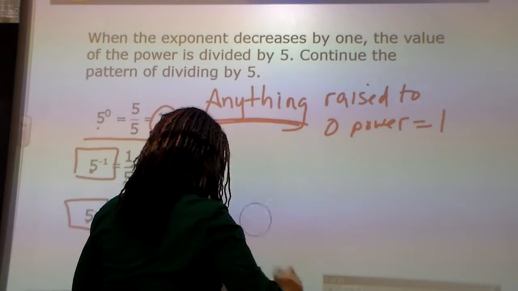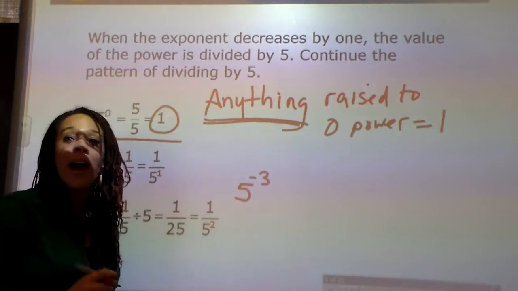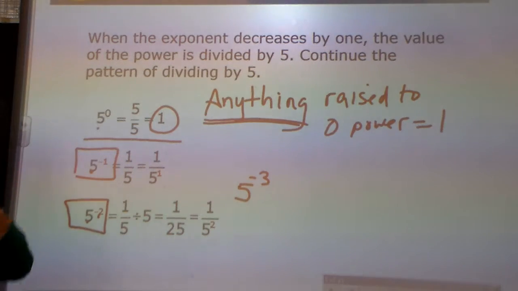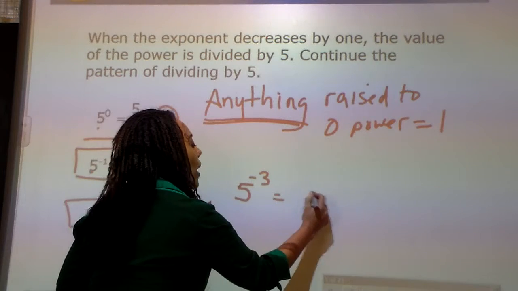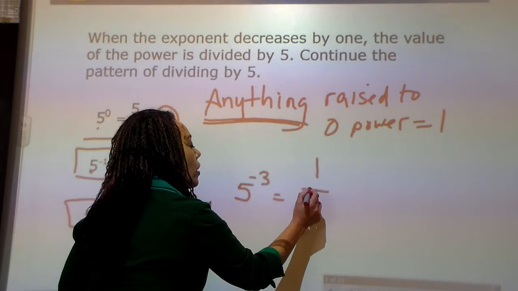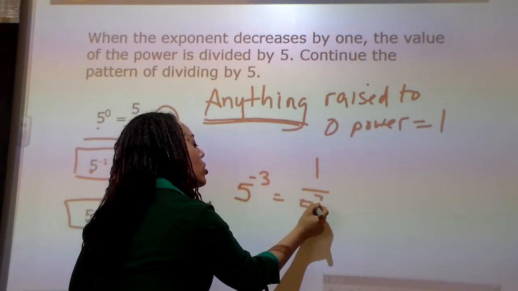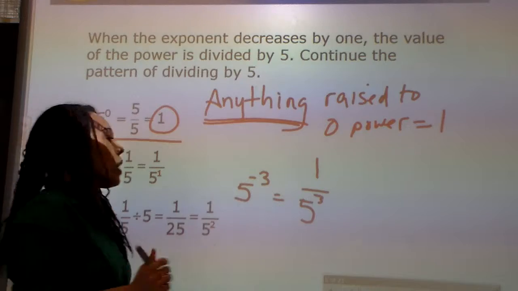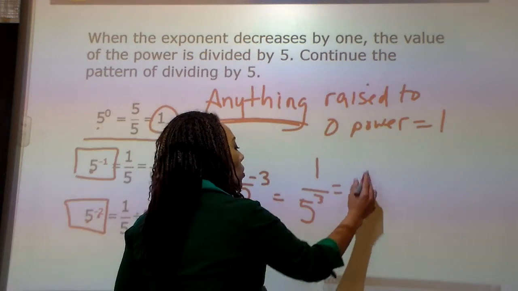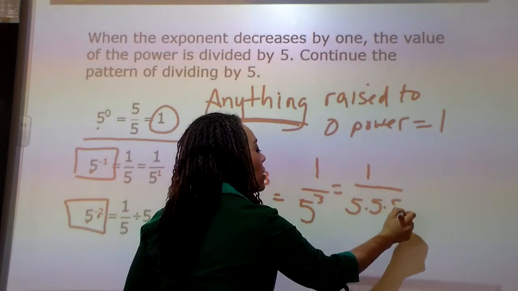What if I told you it was 5 to the negative 3rd power? I would immediately, because I see the negative power, make a fraction bar, do 1 over, still 5, but instead of to the negative 3rd, it'll just be to the positive 3rd. That means 1 over 5 to the 3rd, which is 5 times 5 times 5.